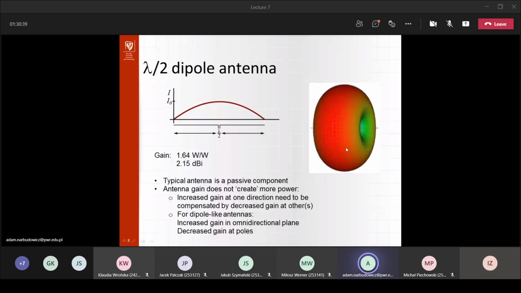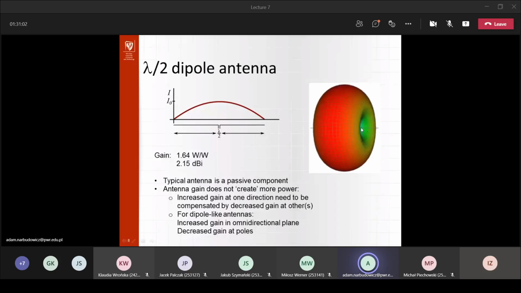What you can see here is the radiation pattern, in theta and phi, of such an antenna. This is really the most simple thing, and typically the gain of such an antenna would be 2.15 dBi compared to the isotropic one.